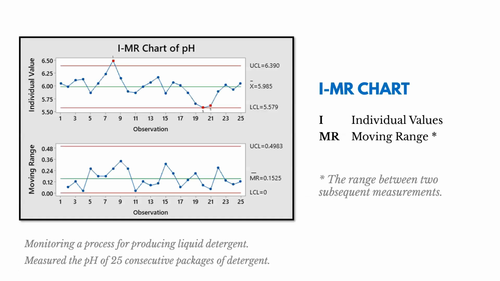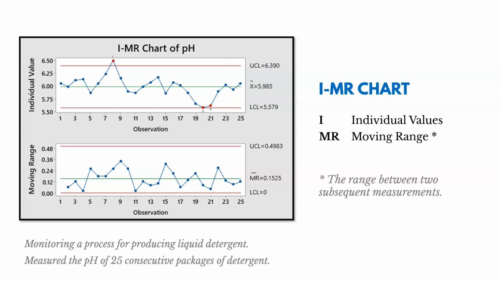So here's an example of the first chart, the IMR chart, or the individual values moving range. So the individual values are just that, so every point on that top chart is a separate value. And the moving range is the range between 2 subsequent measurements. Now in this example, we're monitoring pH levels, so that's our CTQ measurement, and we're monitoring a process for producing liquid detergent.